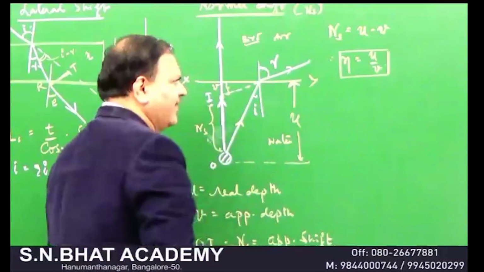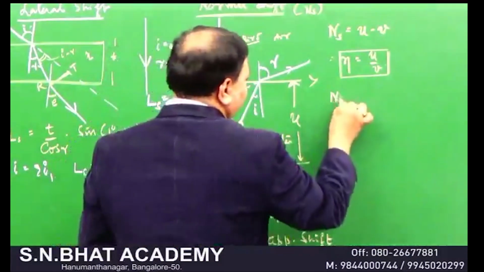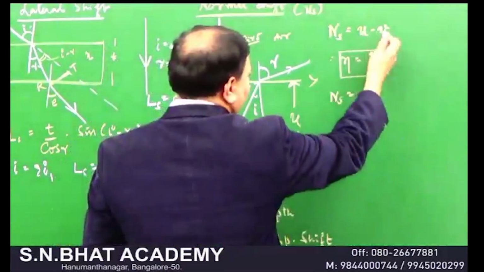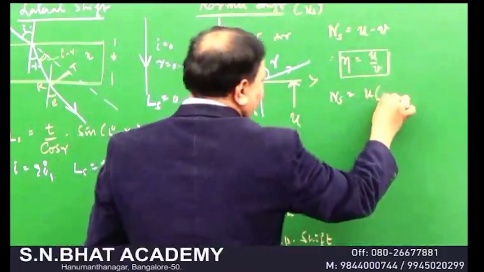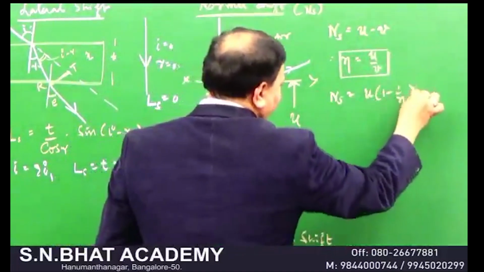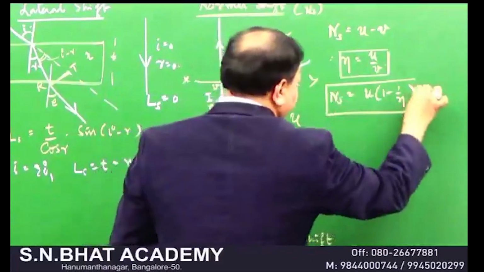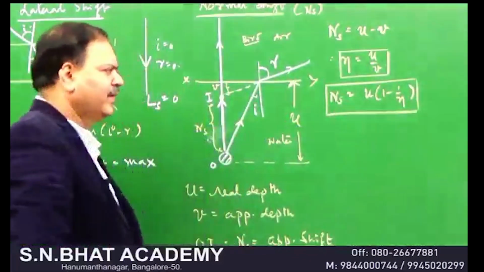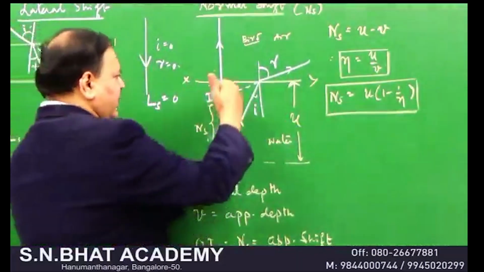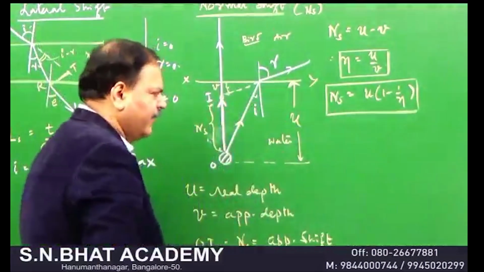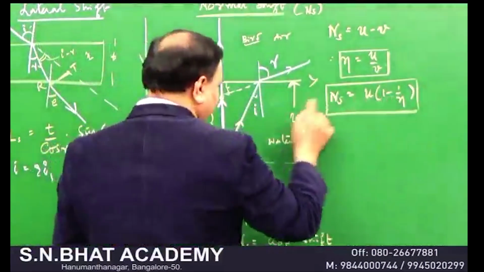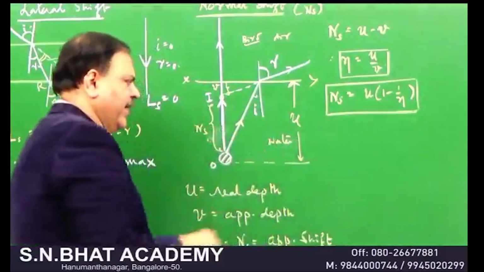Another definition of the refractive index. Therefore, for your normal shift, if you substitute for v here and take u as a common factor, it is u(1 minus 1 by n). This is the expression for the normal shift. That means your normal shift depends on the real depth, and it depends on the refractive index of the medium. Very important.